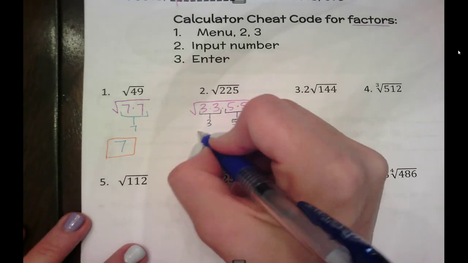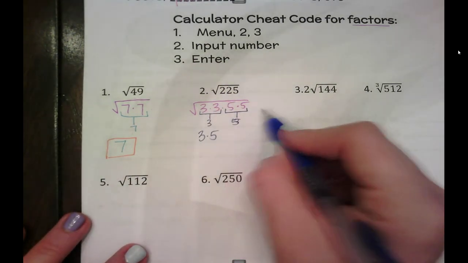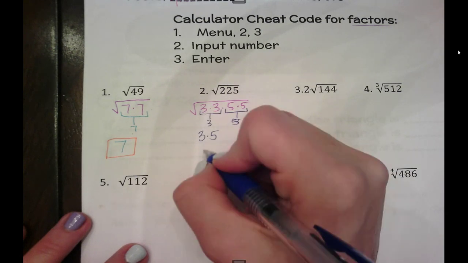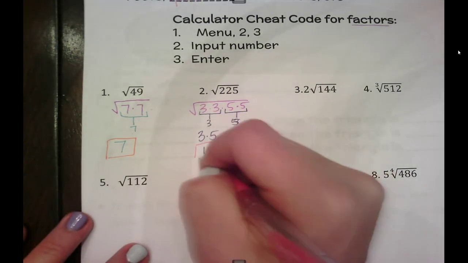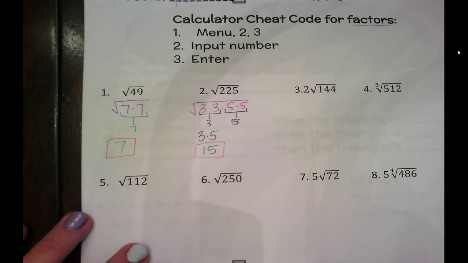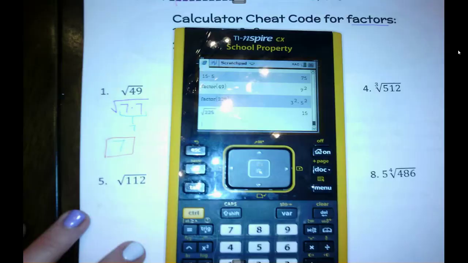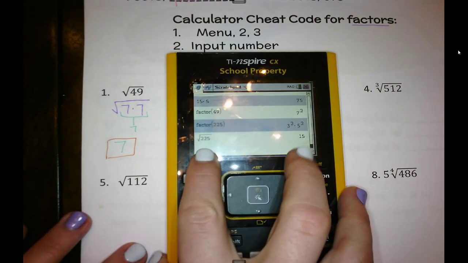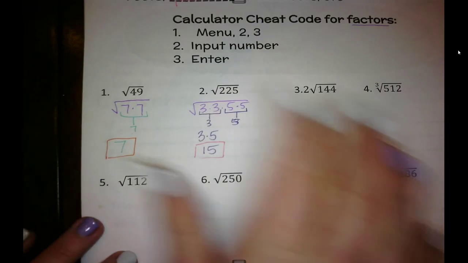So outside, I'm going to have 3 times 5, and then there's nothing left underneath, so 3 times 5 is 15. This is our answer. And you can see in my calculator, the square root of 225 is 15. So we did it right.